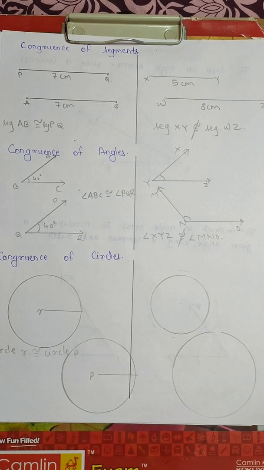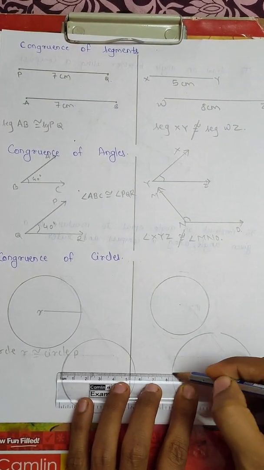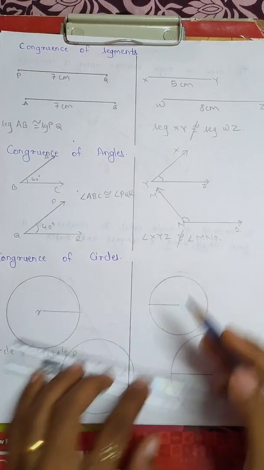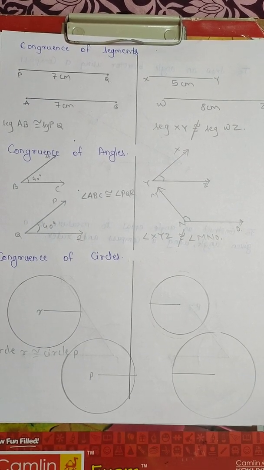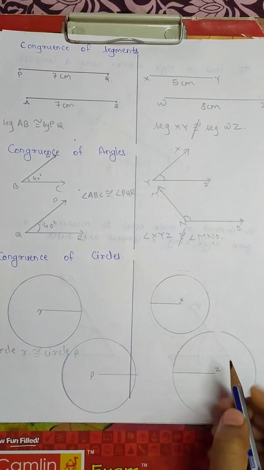Okay, we have drawn two circles with two different radii. The plural form to pronounce radius is radii, not radiuses. Okay, this is circle X, this is circle Z.